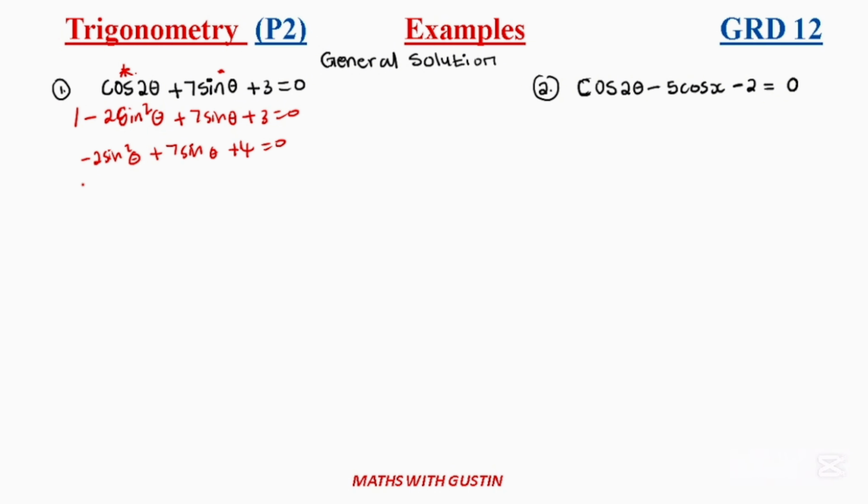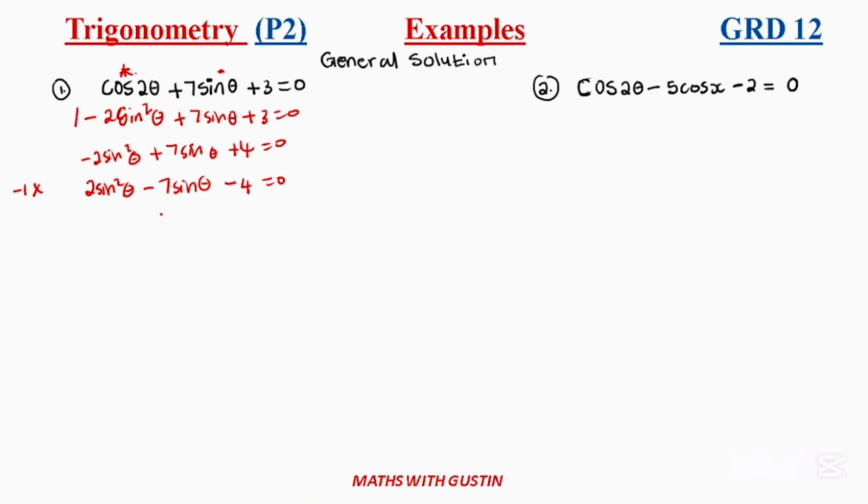I hope you guys are following so far. As you can see here, we want to deal with this properly, but we can't really do anything here. We can't take out a common factor because there's a 4 standing alone. So the best thing that we can do here is multiply throughout by negative 1. So therefore here it is going to be 2 sine squared theta minus 7 sine theta minus 4 equals 0.